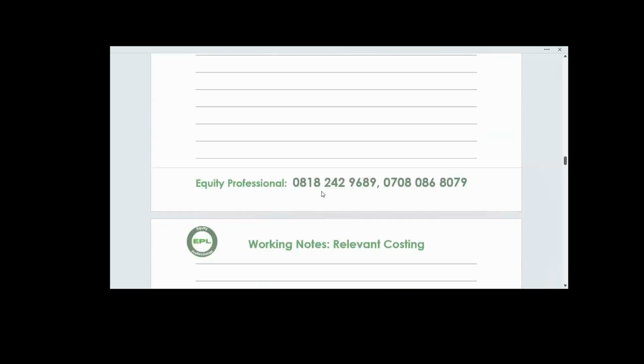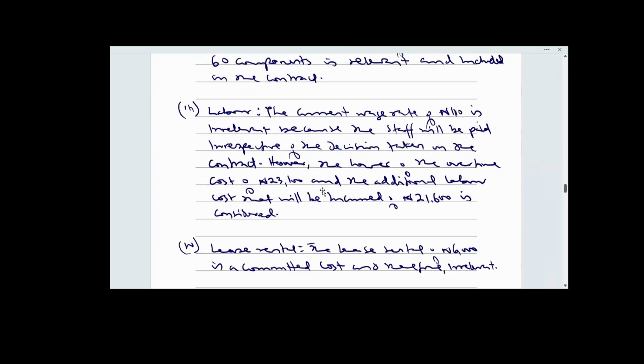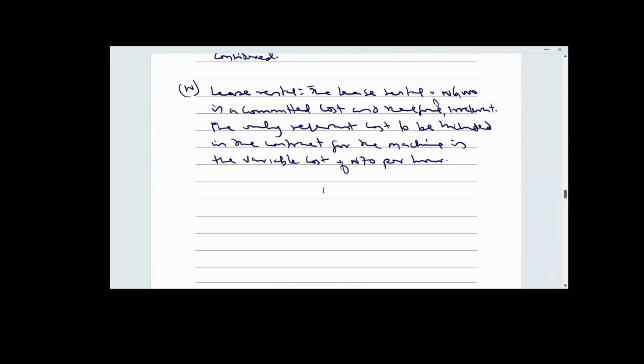Let's move to the next one. They can just say variable cost of 70 naira per hour at a total cost of 1,750 naira. That's it. So the next one, which is the last one, number 5.